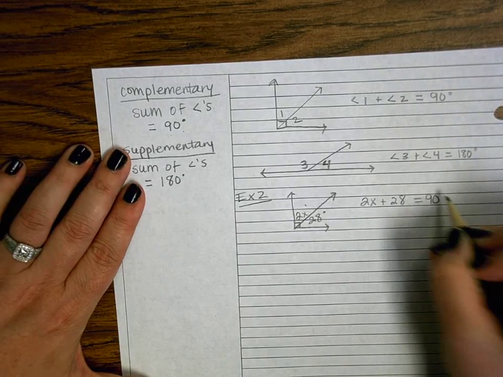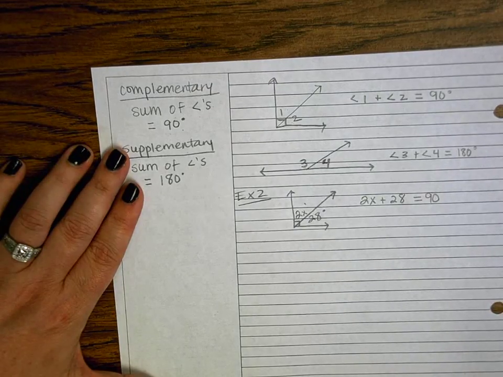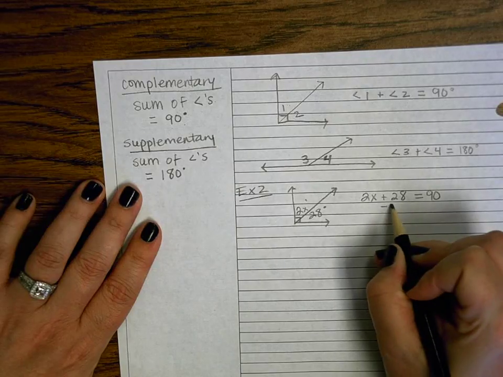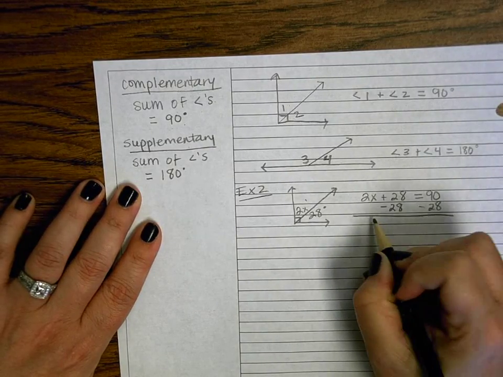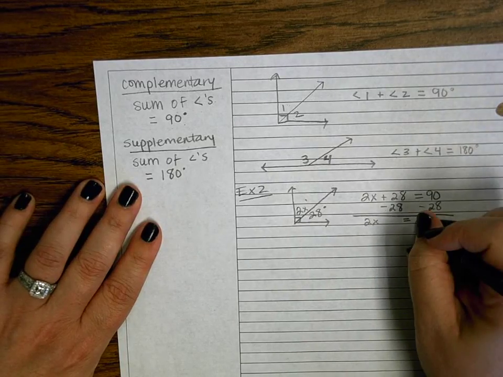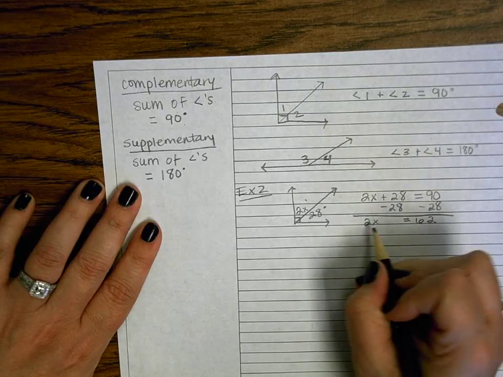Now this is just a two-step algebra problem. What do we do first? Subtract 28. Draw your line under it. 2x is now equal to 62. Second step, we divide by 2.